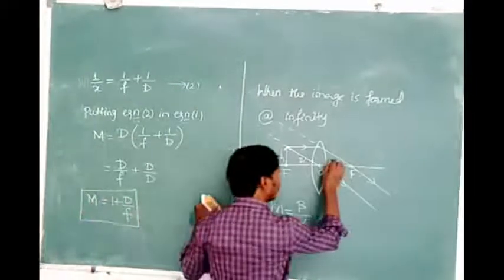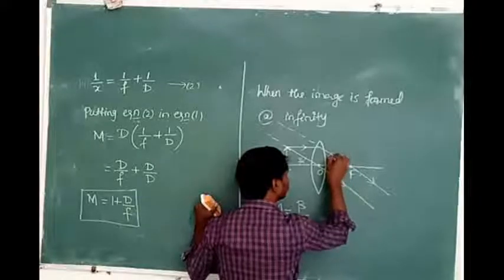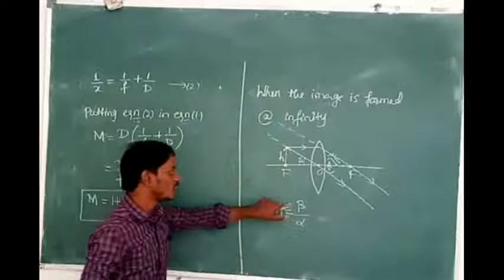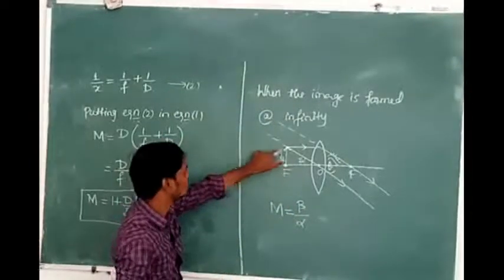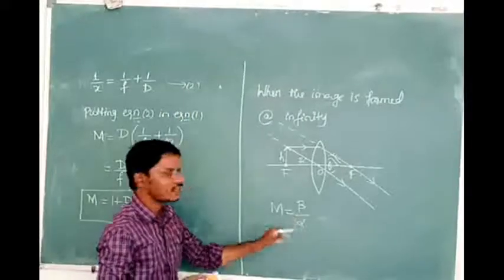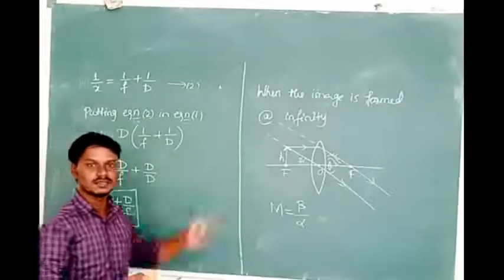Then what about beta here? Beta is nothing but the angle subtended by the image at the eye. And what is alpha? It is the angle subtended by the object without lens in the first case.